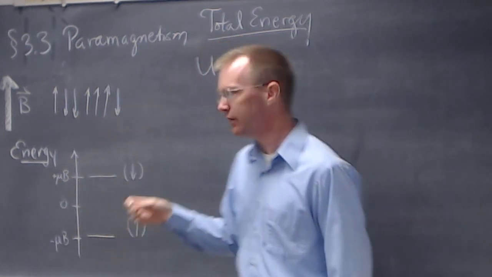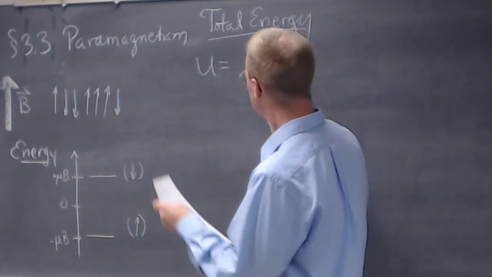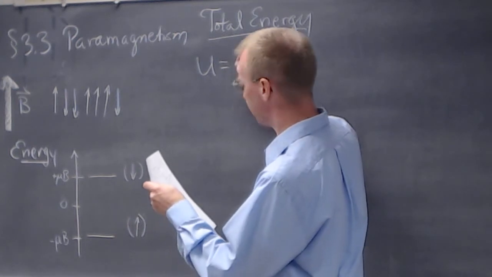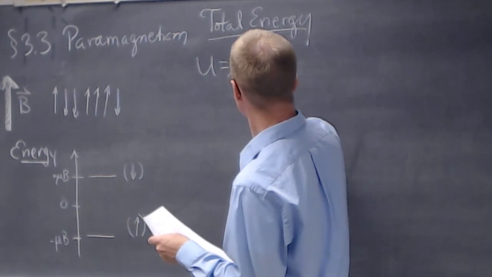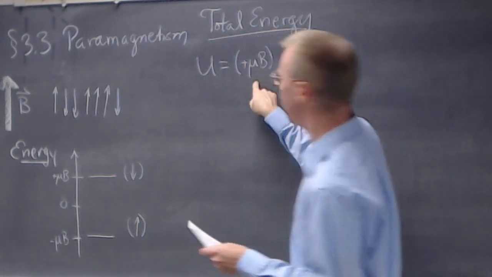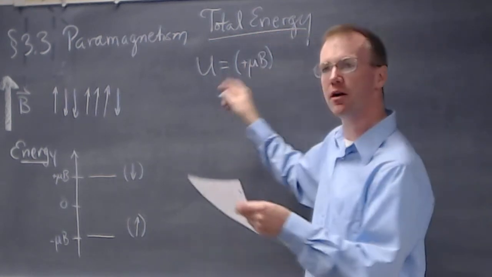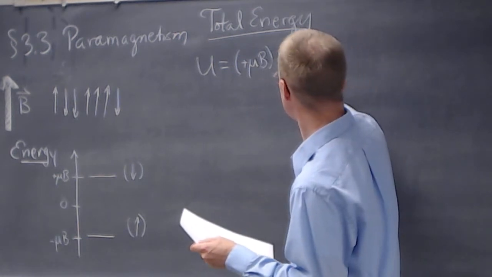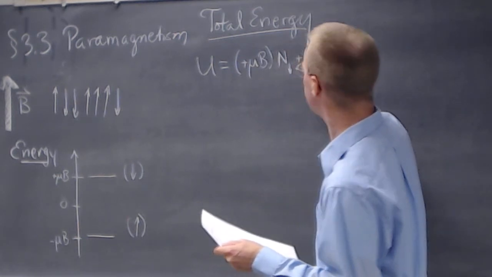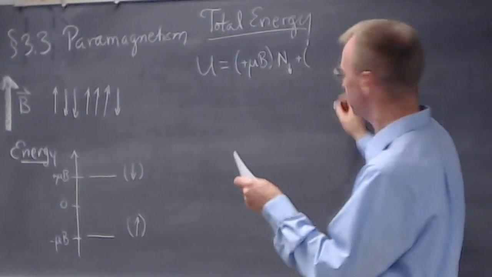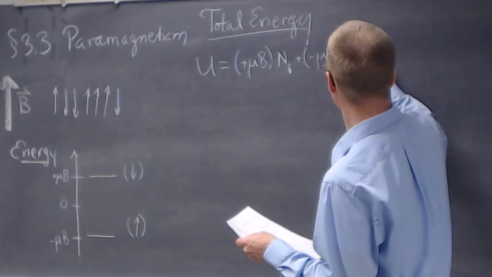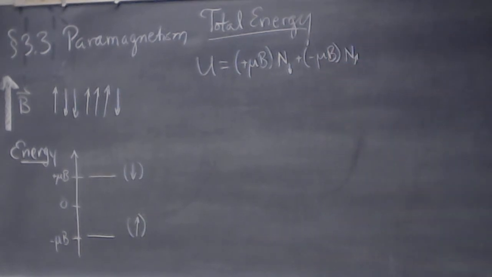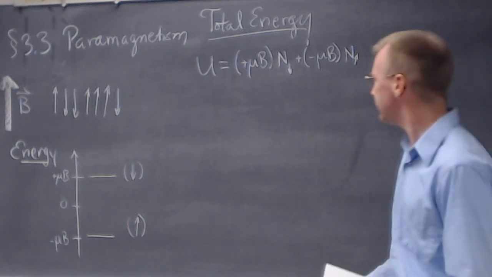So the total energy is the energy of the high energy state times the number in that state, in down, plus the energy of the low energy state times the number in the low energy state, in up. Clear enough? Okay.